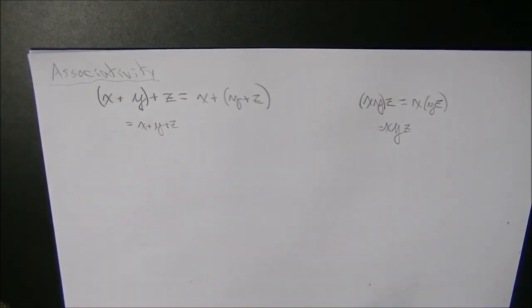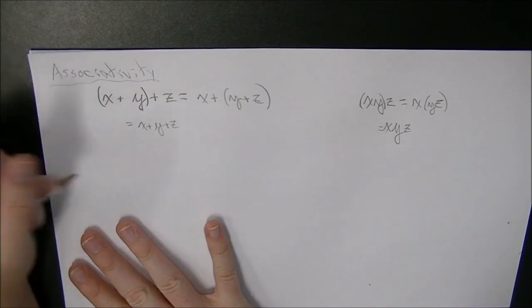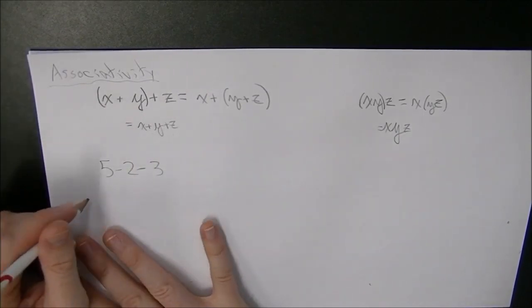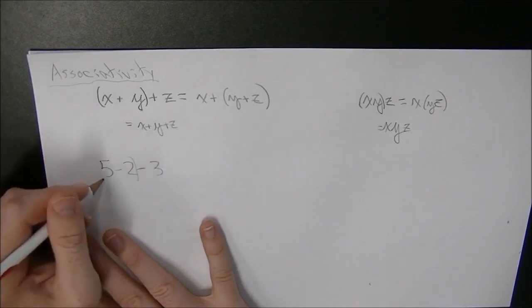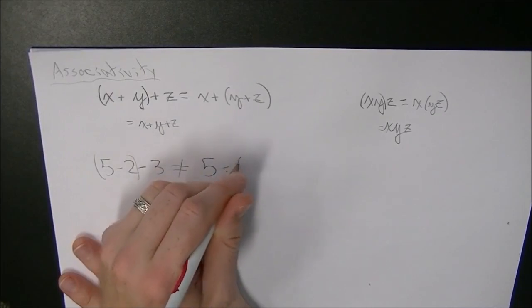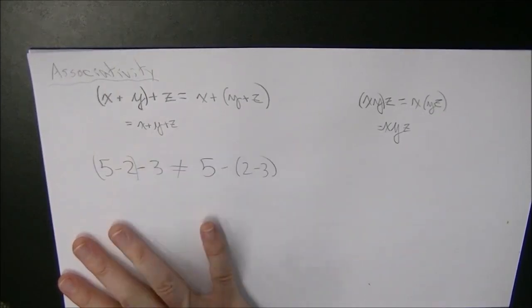Now, it isn't a property of subtraction or division either, and you can check that. Check, if I had, let's say, 5 minus 2 minus 3, if I do it this way, that is not the same thing as 5 minus 2 minus 3.